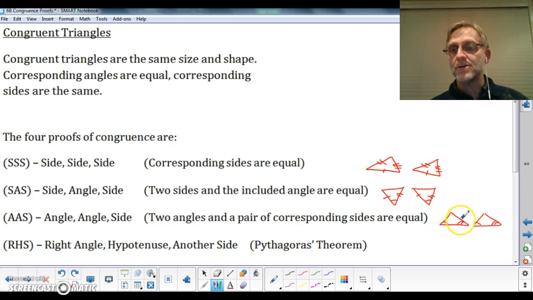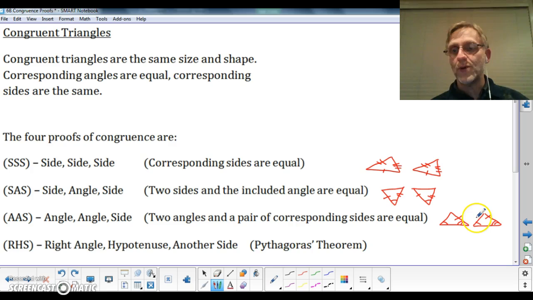The right-hand angle might be different to the left-hand one, but it must be the same in both of them. And then a corresponding side. It's not necessarily the side that's in between the two angles. In this case, it's the other one that's hanging off the angles with two arc markers. Okay, so that's a corresponding side.